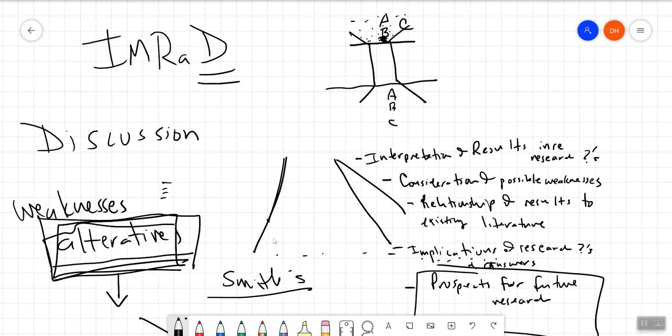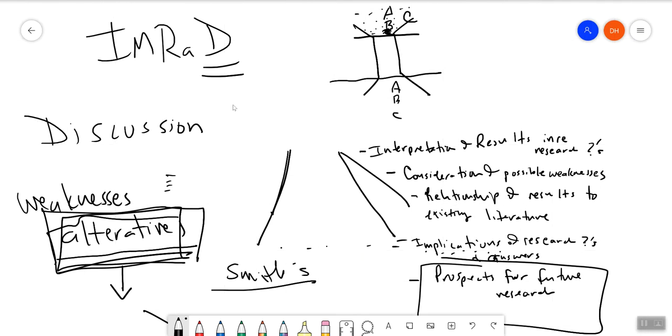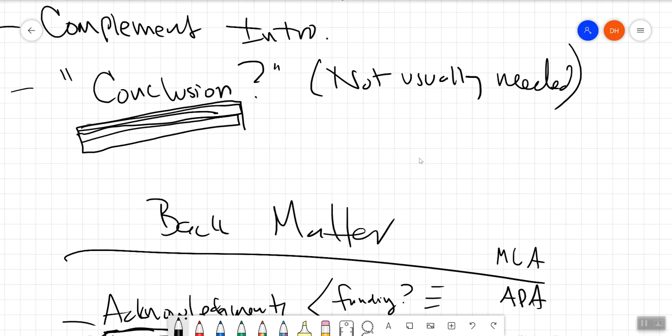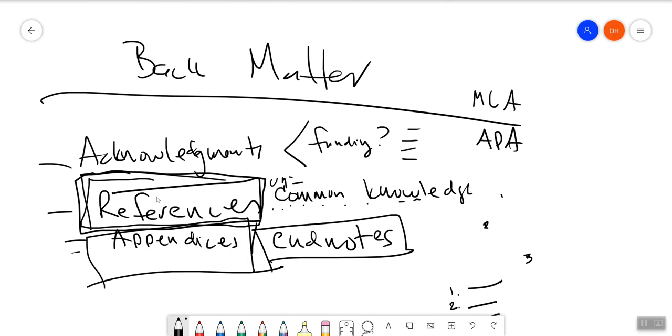That's the structure of the discussion. That's the structure of the IMRaD model. And I just want to reemphasize once again, real quick: please, please, please, never forget your reference list. I have seen students do this quite often. It's bad form.